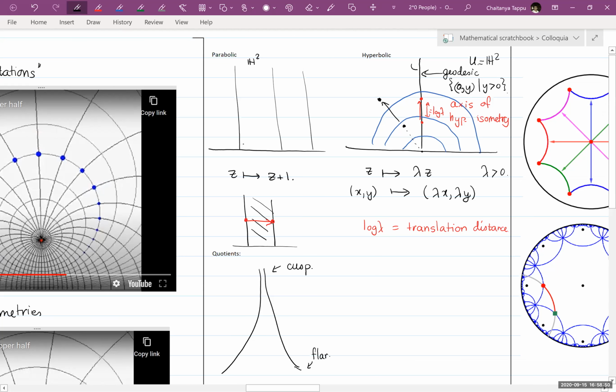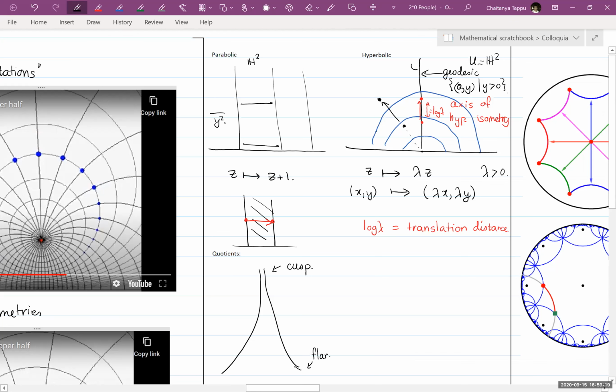So the flaring is because this distance is much larger than any distance above. Circles at the bottom of this annulus have much larger length, because the metric scales as y squared. So as y becomes smaller, the length grows larger and larger.